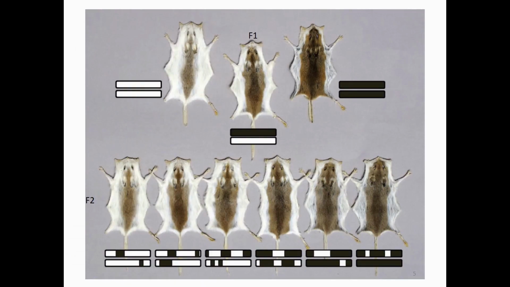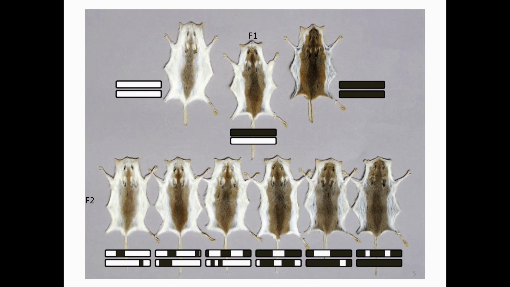So let's take this example where the color code of mice has been studied, and we will see that the recombination events that take place allow the generation of new traits in the mice population.